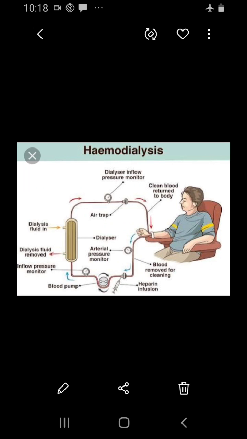The failed kidney has to be removed, and transplantation of a kidney from another person is advisable. Kidney failure may cause many fatal problems in humans, so kidney transplantation is advisable.